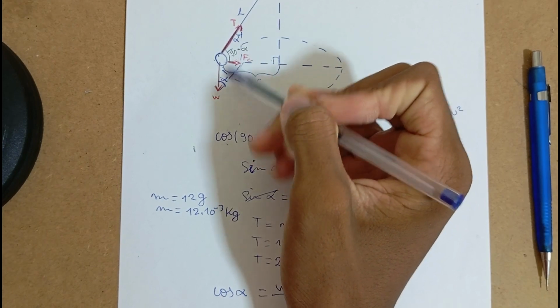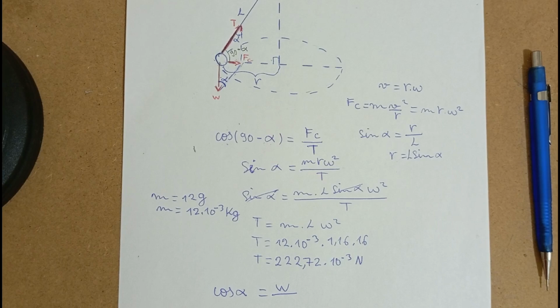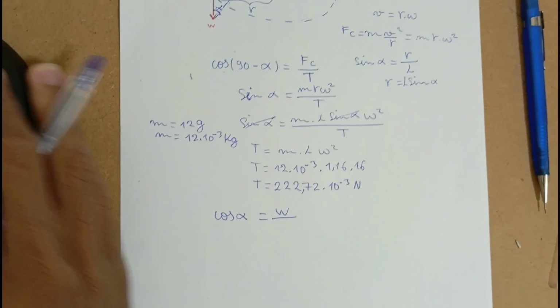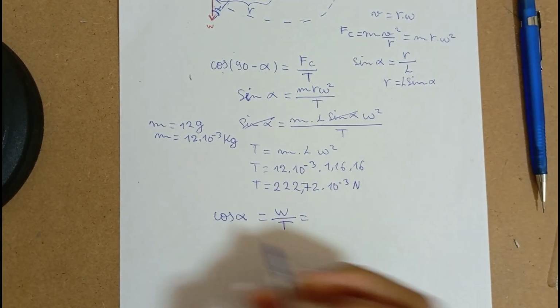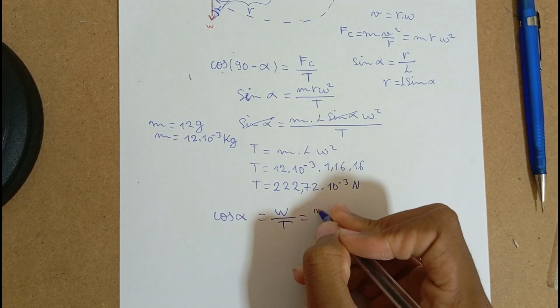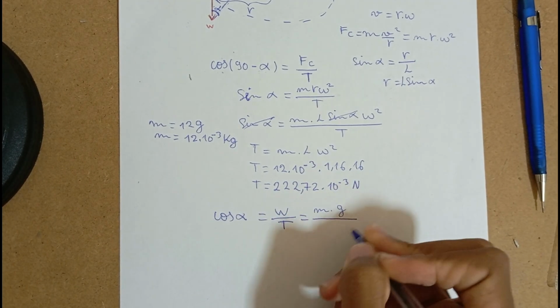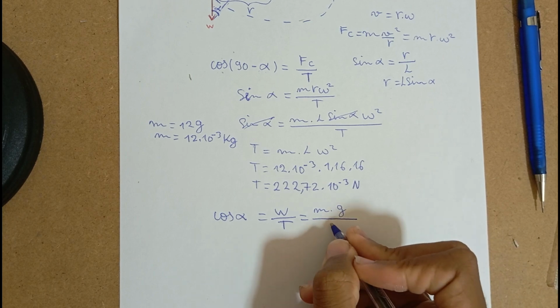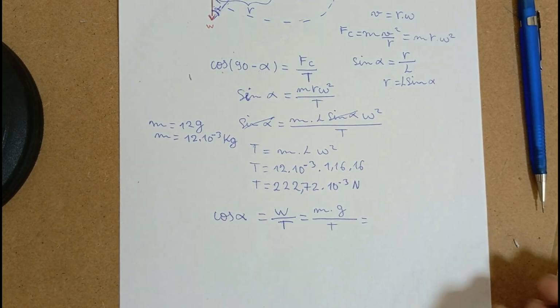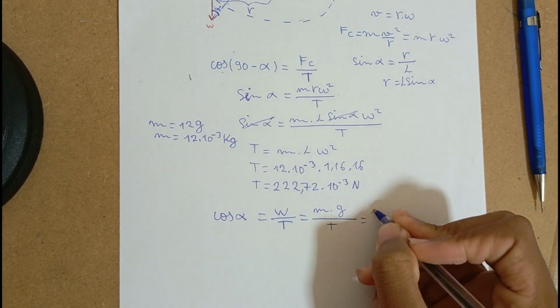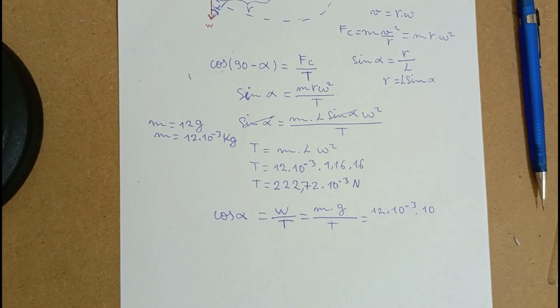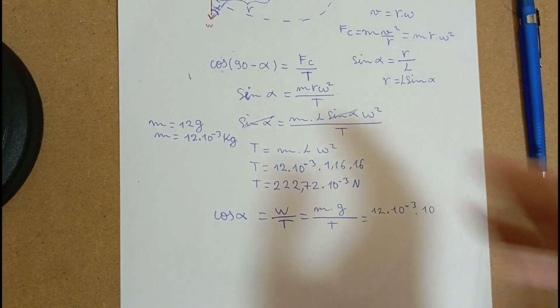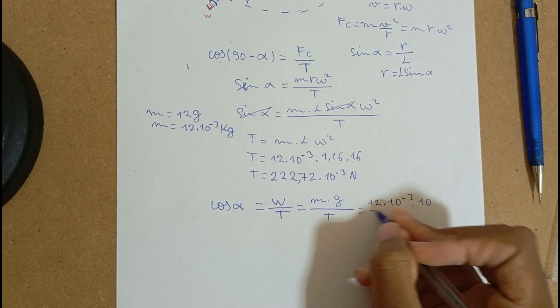Check and put here. Then you will have a triangle. So I can say that it is weight over tension force, and weight, of course, is mass times the gravity acceleration, over the tension force, and of course the mass here is equal to this. I'm considering gravity acceleration equal to 10. And then you got this.